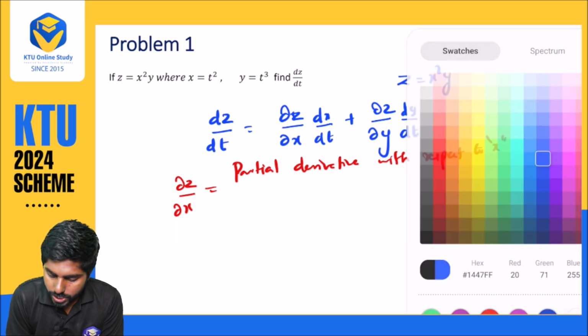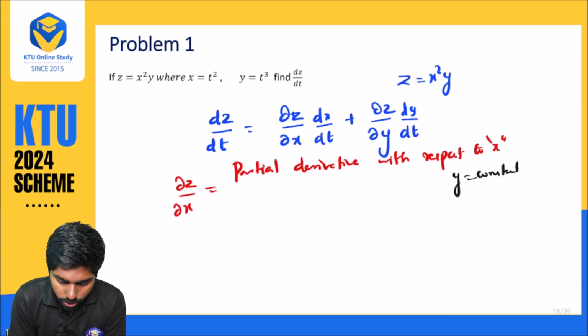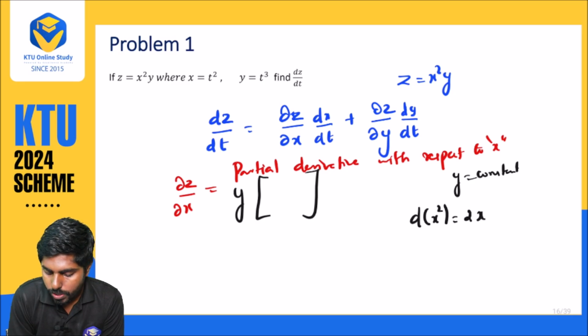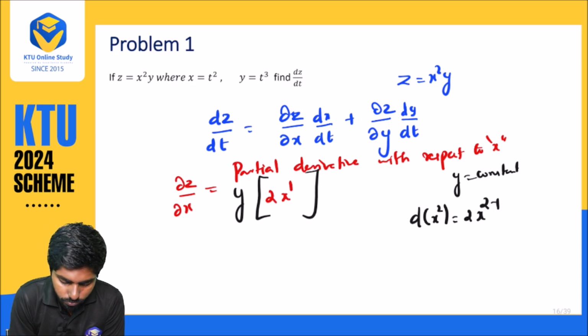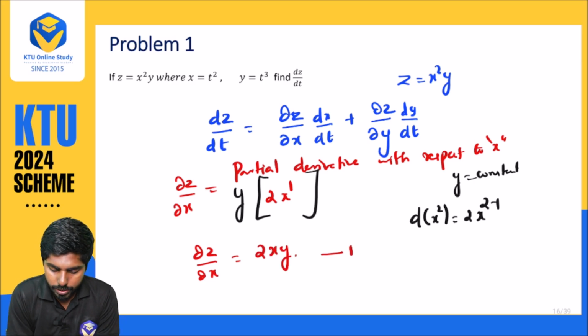So treating y as a constant, y is equal to constant. So y you write first. The partial derivative of x square is what? d of x square is nothing but 2 into x power 2 minus 1. So what will we be getting? We will be getting 2 into x power 1. So ∂z/∂x is equal to 2xy. Let this be 1.